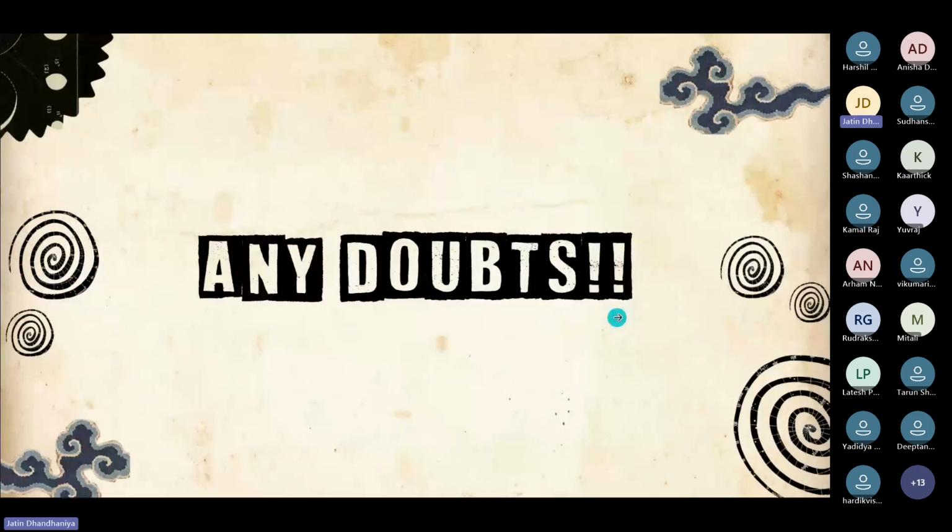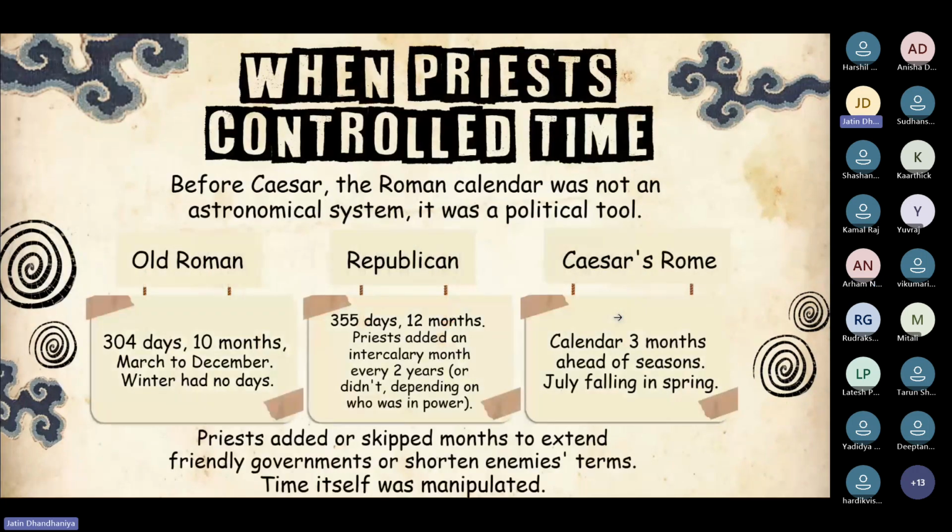So let's move forward to the history of Rome, when priests controlled time. Before Caesar, the Roman calendar was not an astronomical system. It was a political tool. Firstly, the old Roman calendar was 304 days, 10 months, only March to December, and winter had no days.